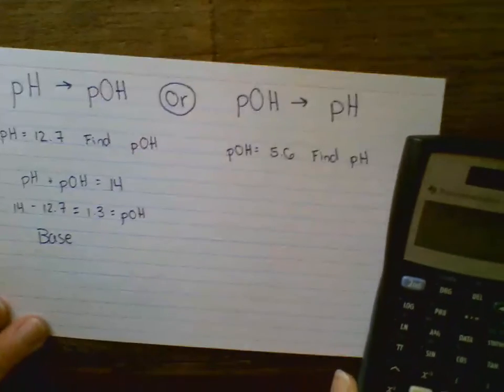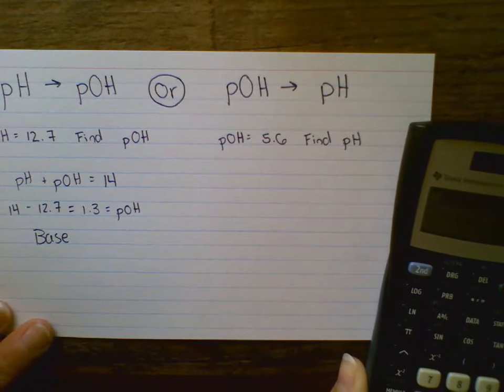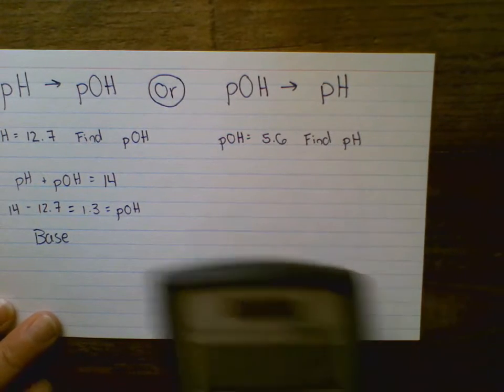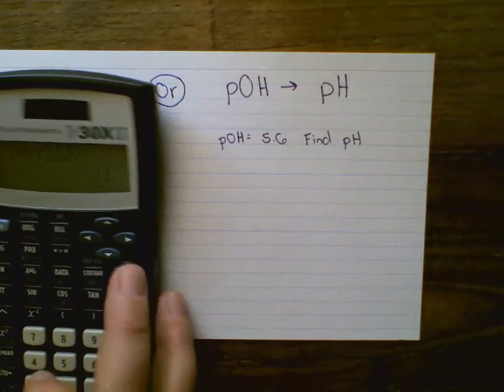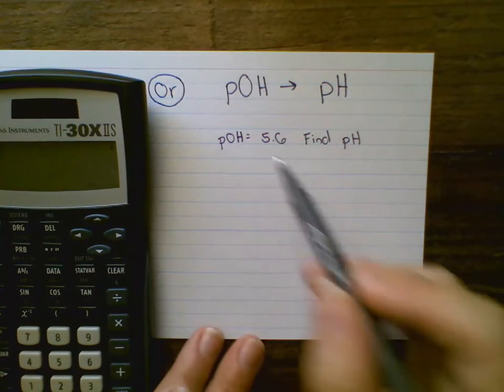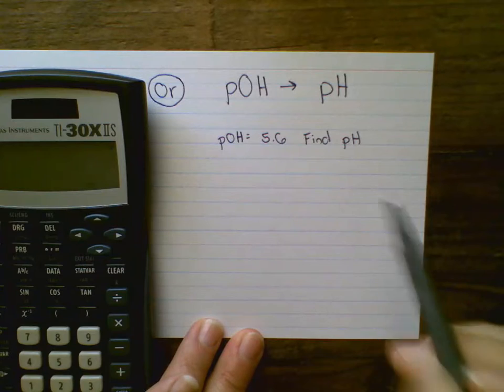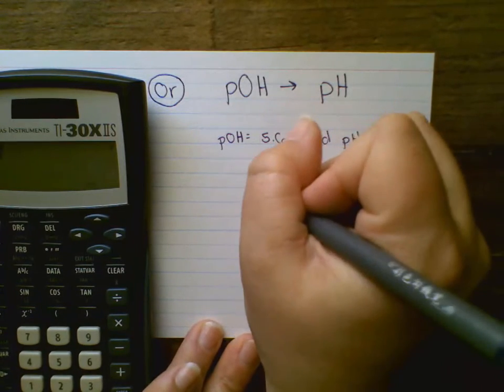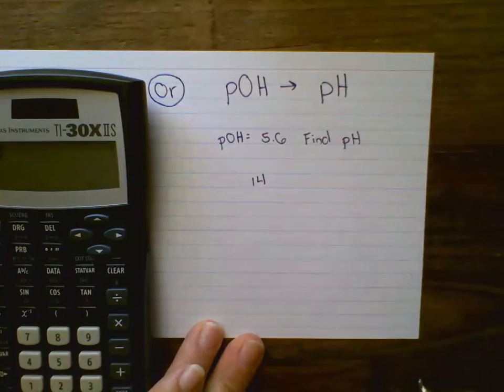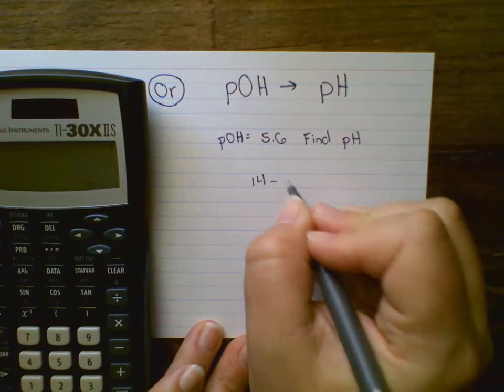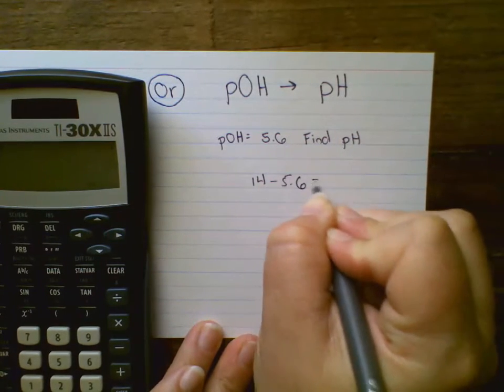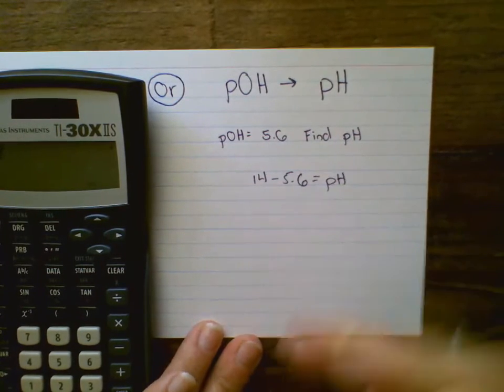So now we can go over here. We can do this the same way, but in the opposite direction. So if I'm given a pOH of 5.6, I can find the pH. Same process. I'm going to take 14 minus my pOH number of 5.6, which will give me my pH.